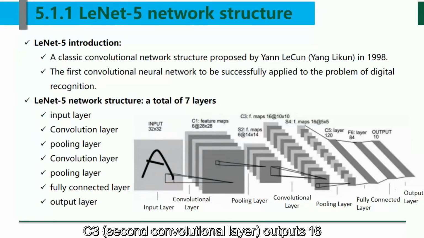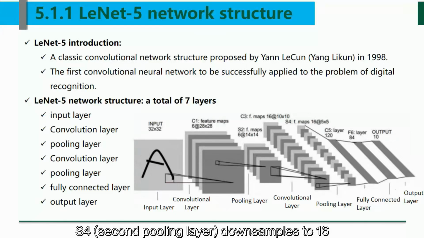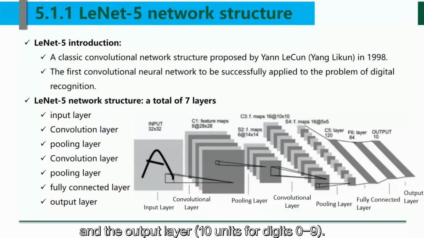C3, the second convolutional layer, outputs 16 feature maps of 10 multiplied by 10. S4, the second pooling layer, downsamples to 16 feature maps of 5 multiplied by 5. Then it goes to C5, fully connected, 120 units, F6, fully connected, 84 units, and the output layer, 10 units for the digits 0 to 9.